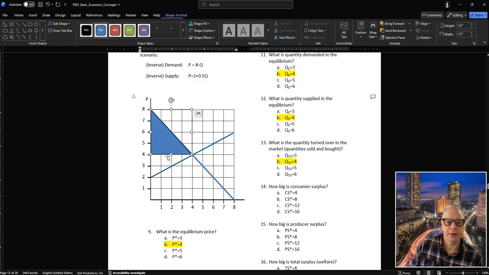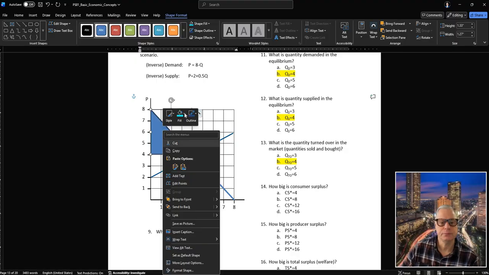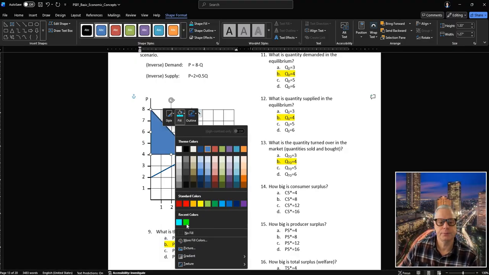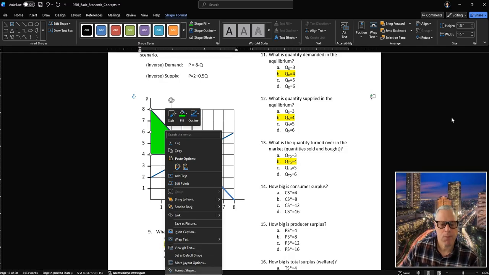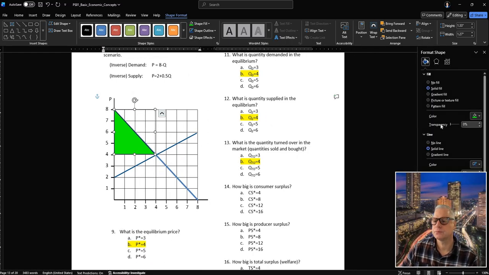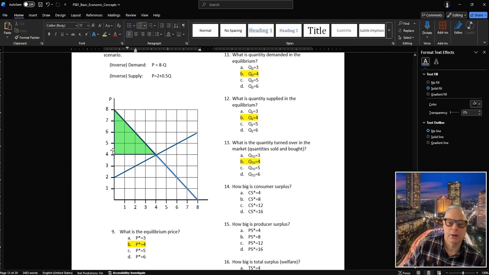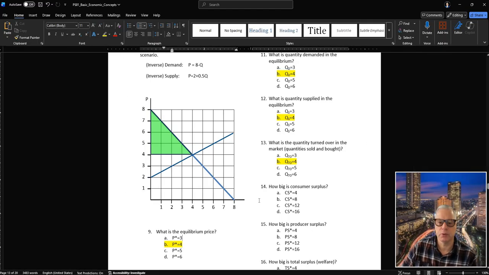It's this area, base 4, height 4, 4 times 4, 16, over 2, 8.